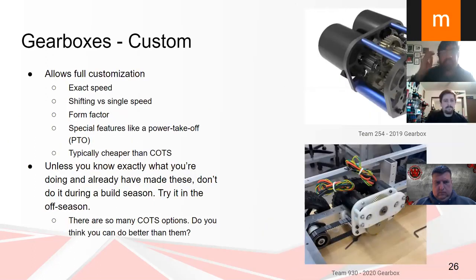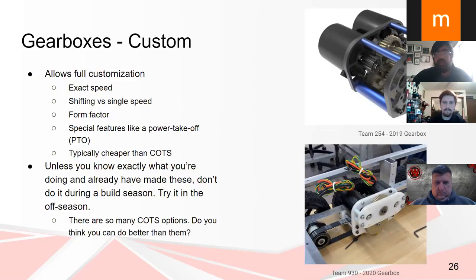So the next type of drivetrain gearbox, again kind of geared towards tank, is making your own custom one. This can be really nice, especially if you've got all the resources and the know-how, because you can customize to an exact speed. You can decide whether you want it to be a shifter or a single speed gearbox. You can customize the form factor.